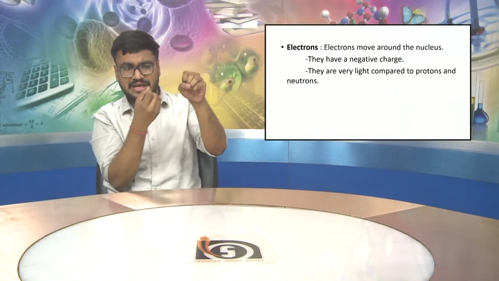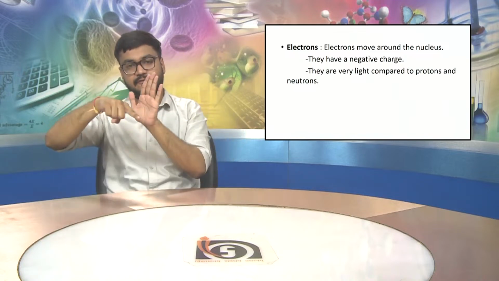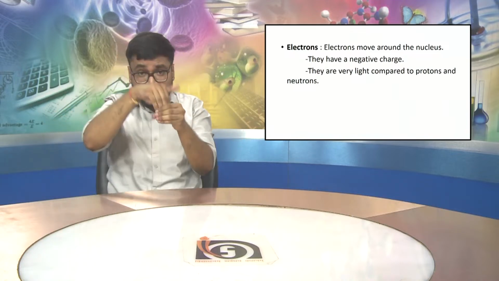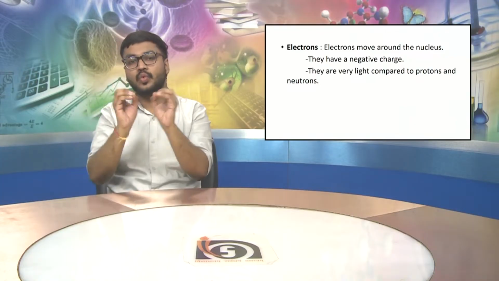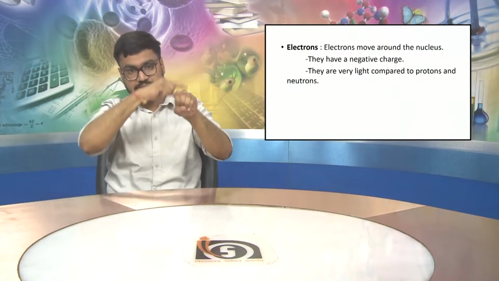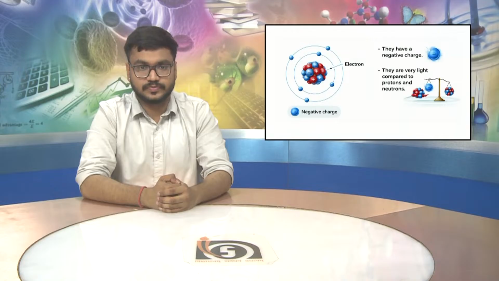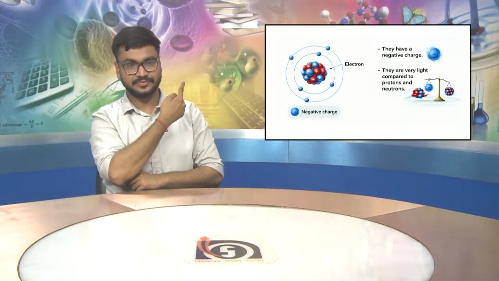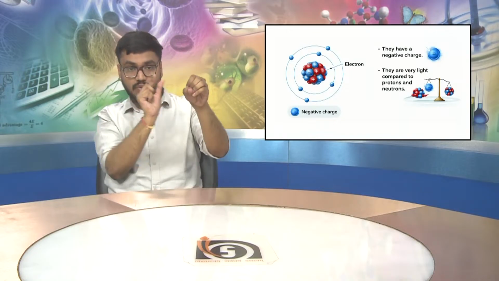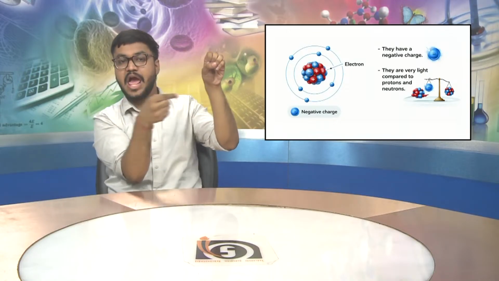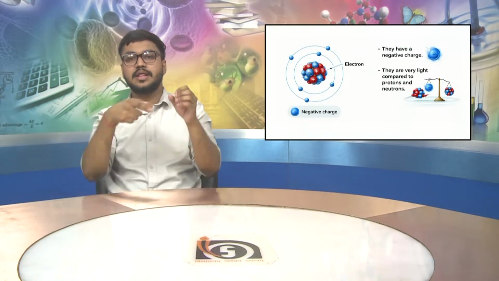Next is electrons. They move around the nucleus and electrons have negative charges. There is a picture showing the electrons. They are very light compared to protons and neutrons.